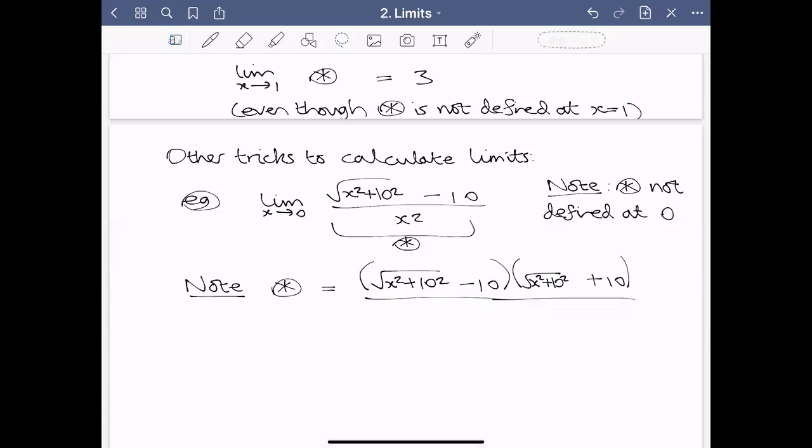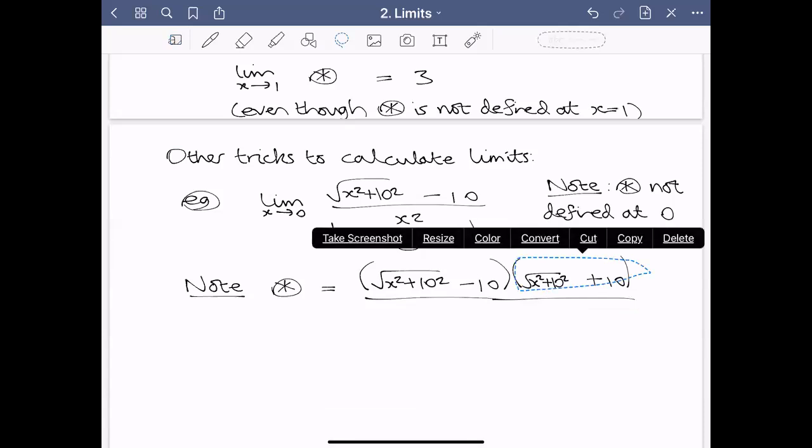So here I've multiplied top and bottom by this same thing.